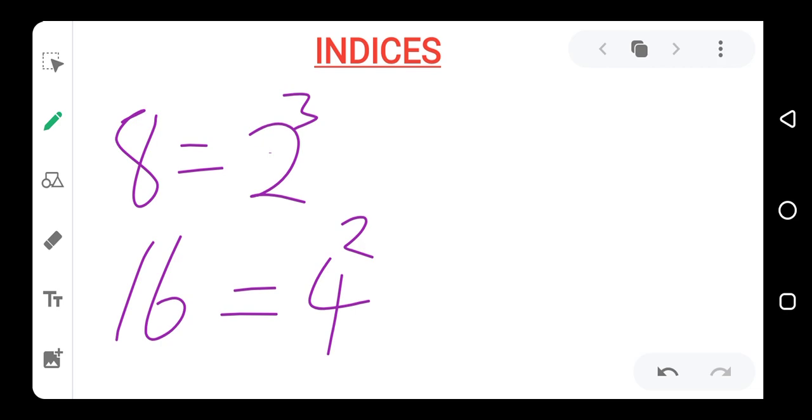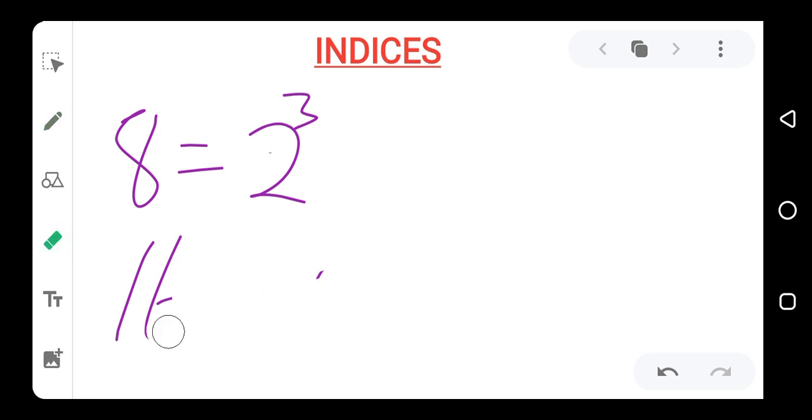Now we are going to look at what we call laws of indices. There are laws that help us in shortening or working with numbers that are expressed in index notation or in standard form. Most of them are the laws we encountered when working with evaluation of standard form.